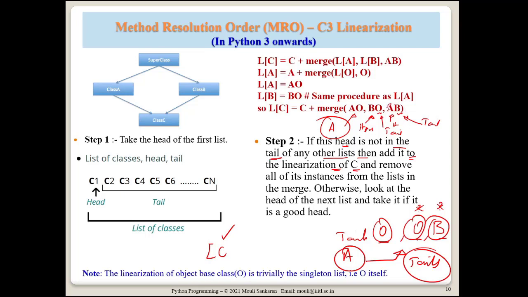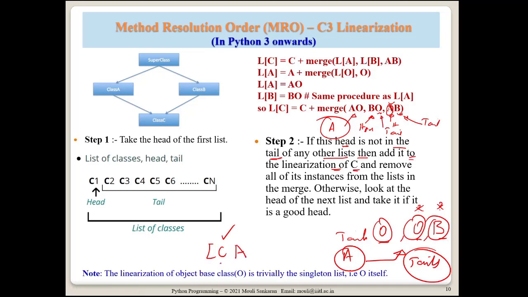You found A in the head, but don't worry about it. I am only worried about whether I find A in the tails of the other lists. If it is in the head, no problem, but I should not find it in the tails. And I did not find it, because there are only O and B, A is not there.